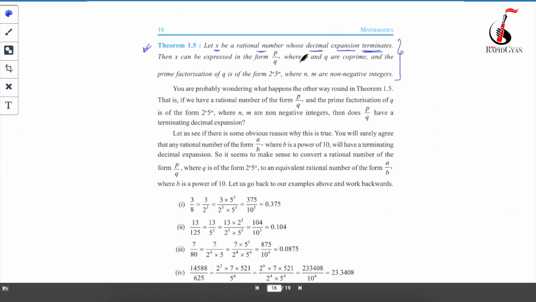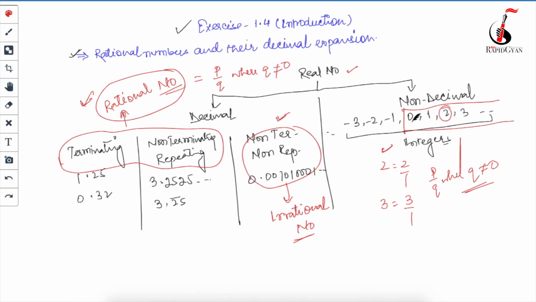After that, they are saying, where p and q are co-prime and the prime factorization of q is of the form 2 to the power n and 5 to the power m, where n and m are non-negative numbers. Non-negative numbers are called whole numbers, including 0. Negative numbers are -1, -2, -3, so non-negative numbers are 0, 1, 2, 3.